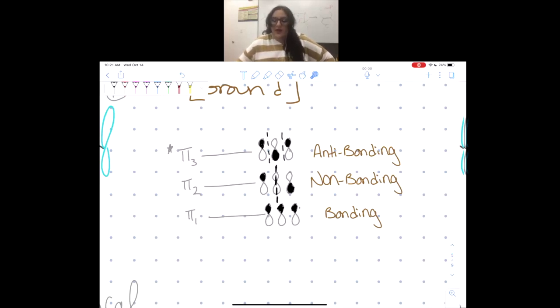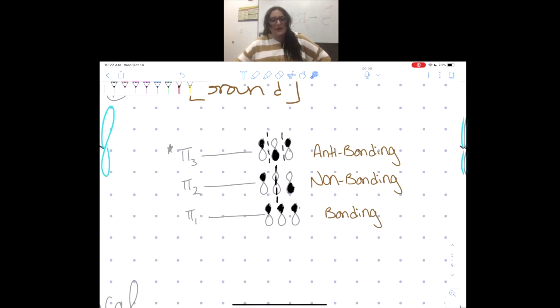So non-bonding, for the purposes of this class, you can just think of non-bonding as a space filler. If we ever have an odd number of energy levels, the number of bonding and antibonding has to be equal. So whatever that extra remaining one in the middle is, it will be non-bonding, because we know bonding has to equal antibonding.